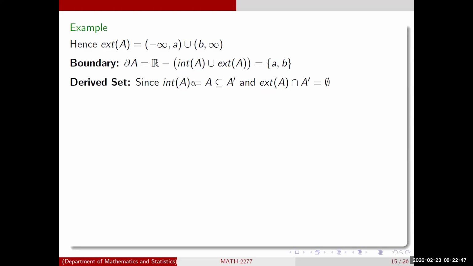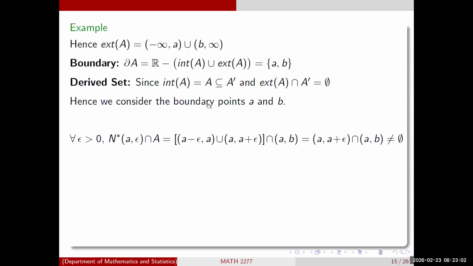So these two results, when you combine them, tell you that the only other place where possible limit points could be hiding is on the boundary. So the boundary is what you need to check. Okay? So hence we consider the boundary points A and B, right? So we found the boundary points up here. So the proof of one of these is the same as the other.